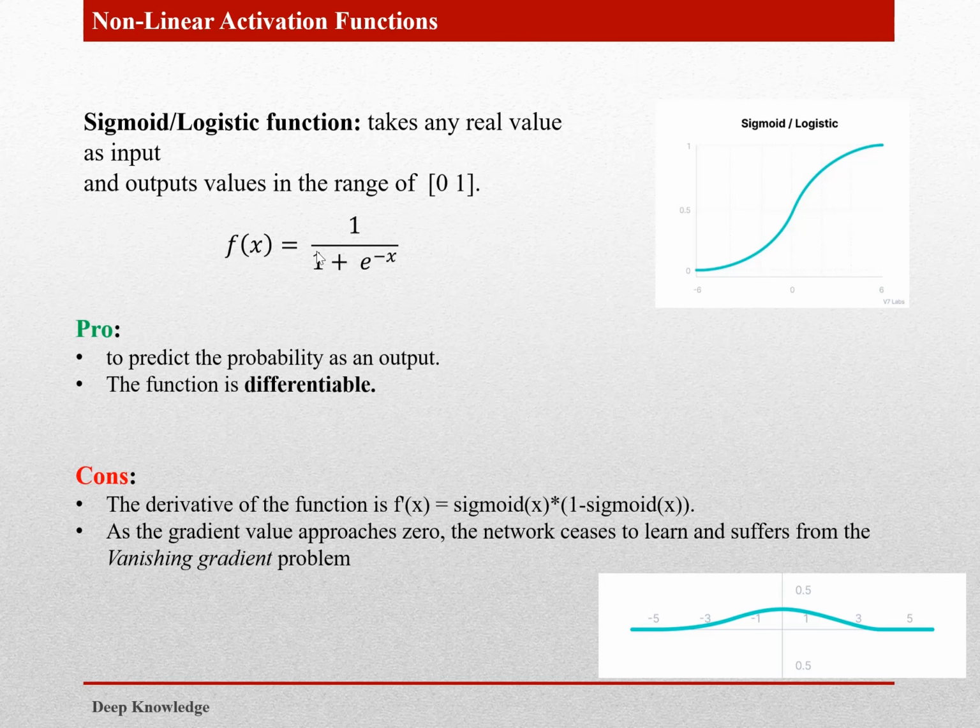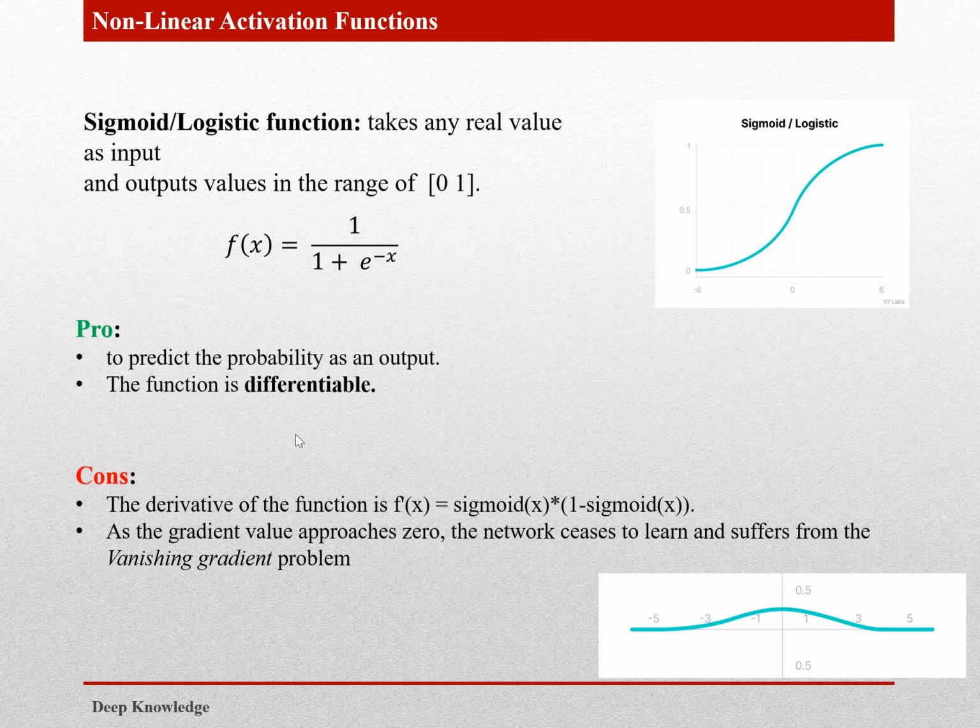This is the formula of the sigmoid function. The pro of this activation function is that if you would like to predict a probability, you can use the sigmoid function in the output layer.